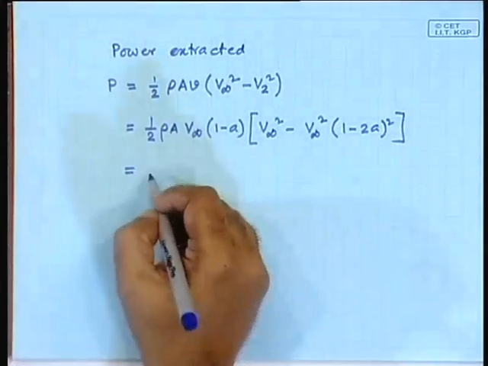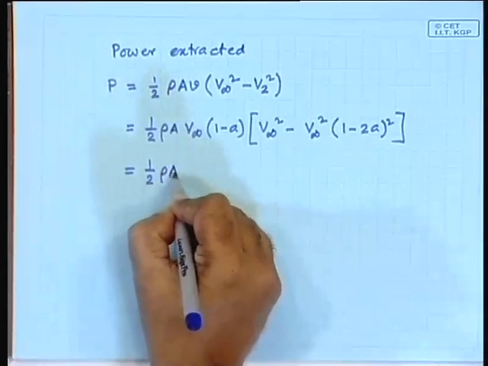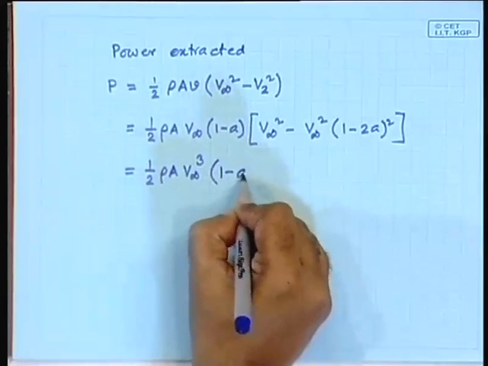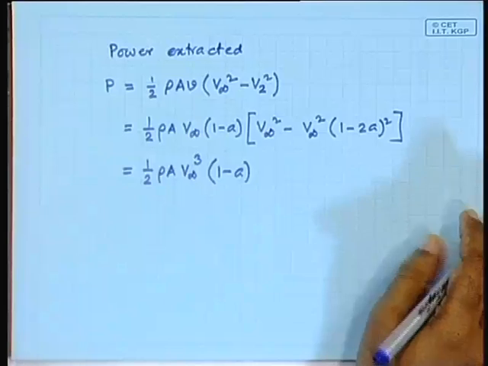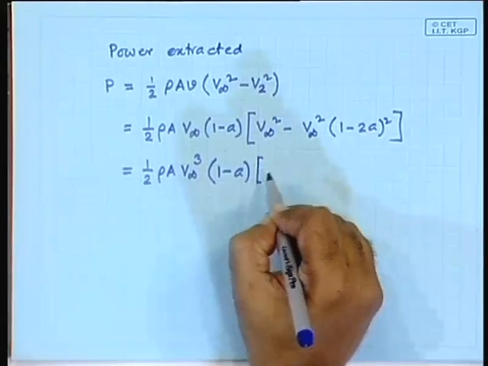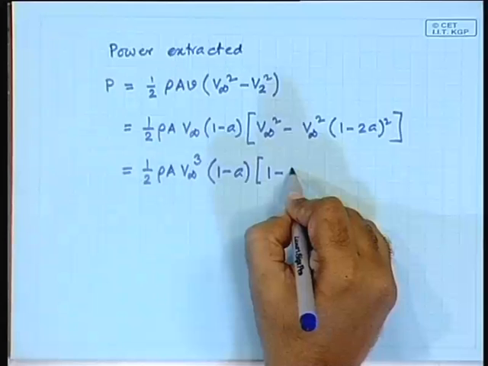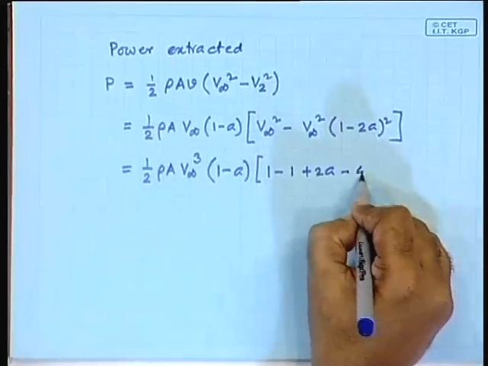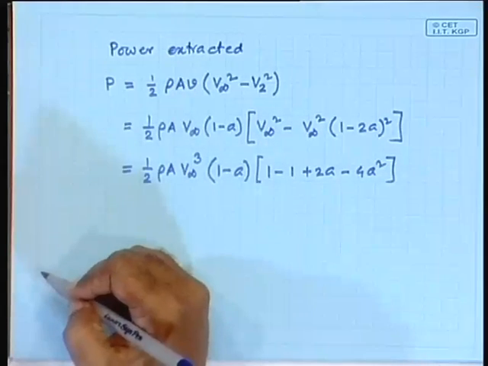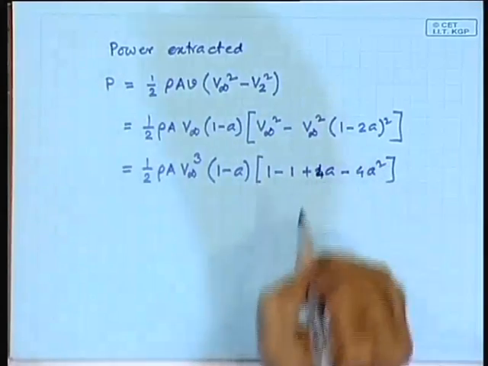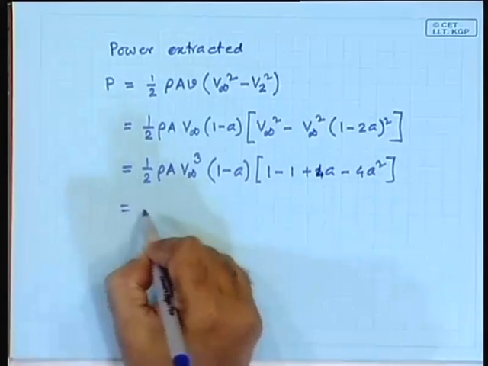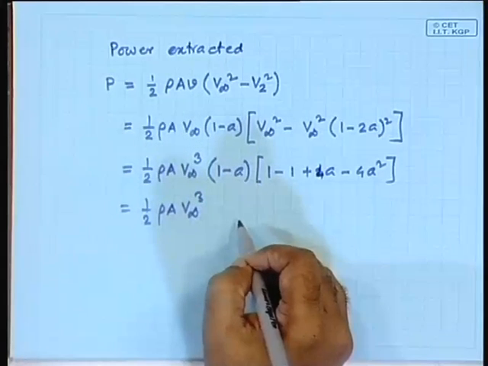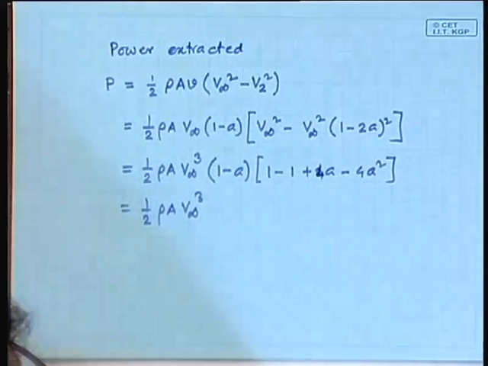So, just simplify this, tell me what you get. This will come out as V infinity cube, 1 minus A times what remains: 1 minus 1 plus 2A minus 4A square. So, you have half rho A V infinity cube times 4A minus 4A square here.